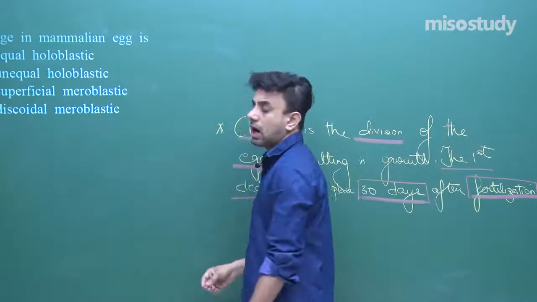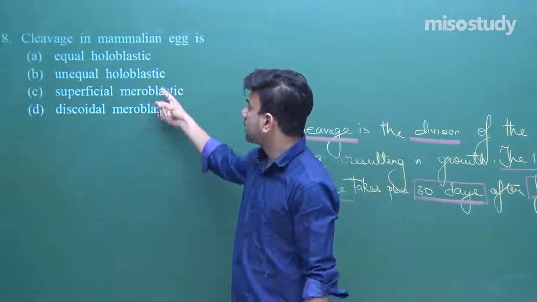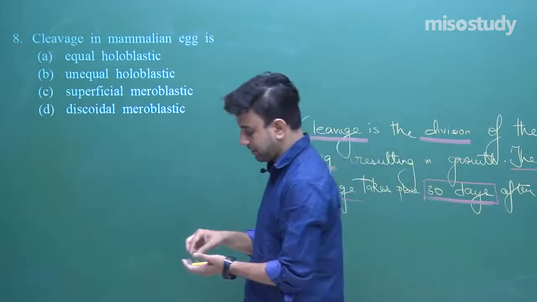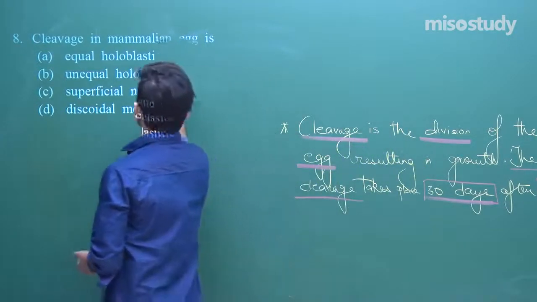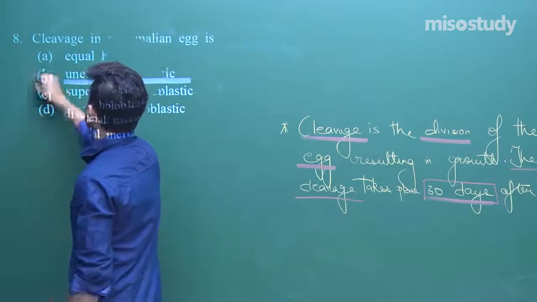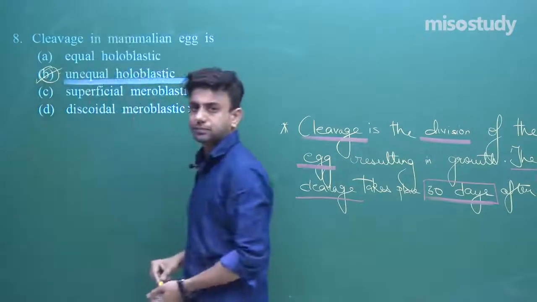It is unequal and holoblastic, right? Cleavage in mammalian egg is unequal and holoblastic. So this would be the option.